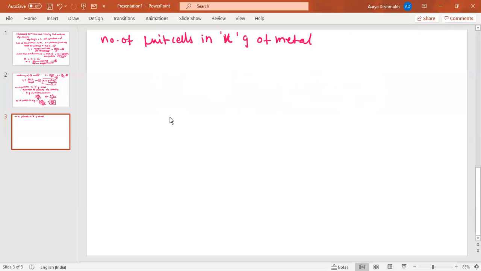So that will give you where this n particles equals 1 unit cell, depending on the type of unit cell. So now this x into n divided by rho A cube.